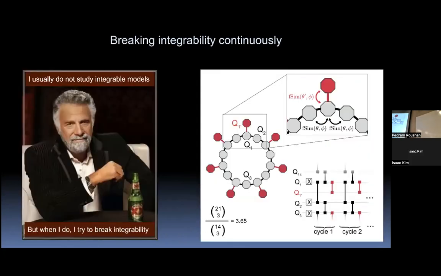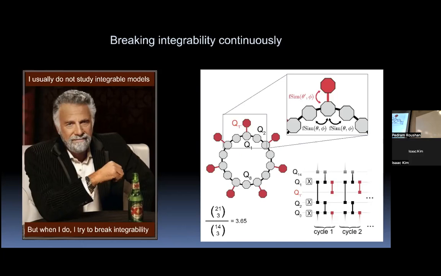But I want to tell you where the discovery comes from. Our guru wants us to do something called breaking integrability. Integrability was the symmetry that gave us this physics. So you go to Igor Aleiner, who predicted this, and ask, what happens if I break integrability?